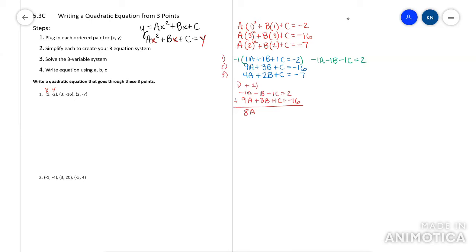The c's are going to eliminate, which was my goal. So there we go. I eliminated c one time.